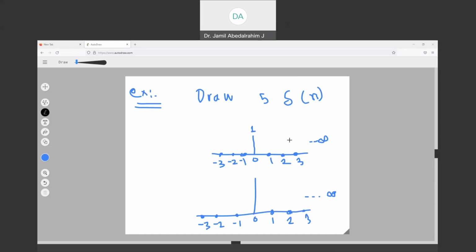Others in the positive part and negative part are still 0. Only this impulse we multiply by 5, so it will be 5 here. So that's the solution of this example.